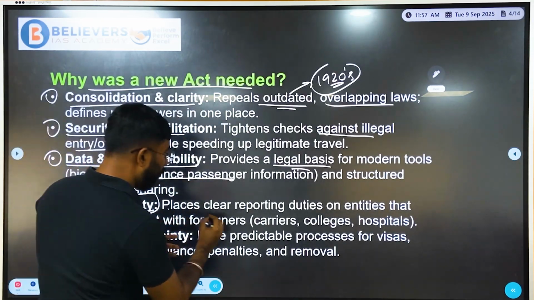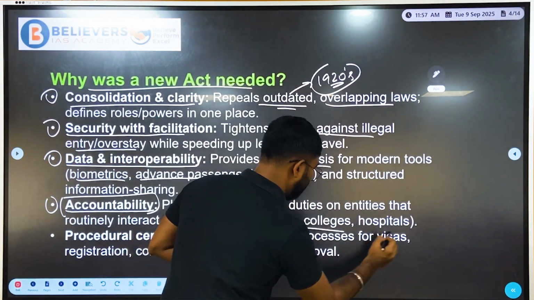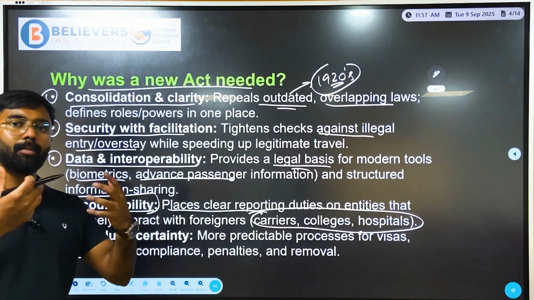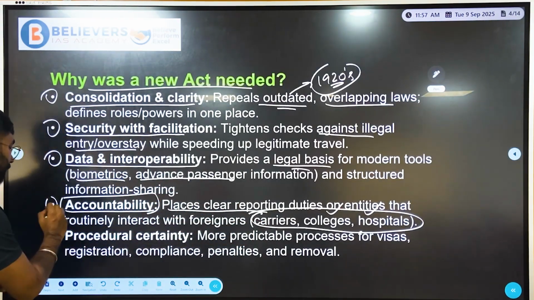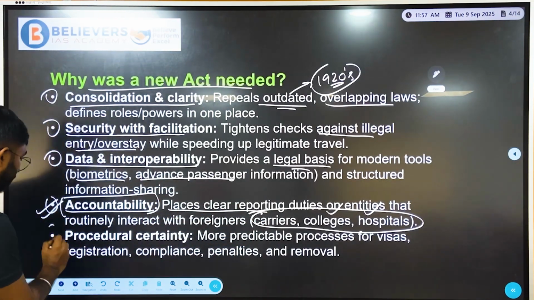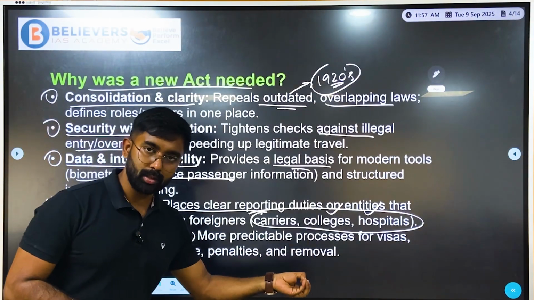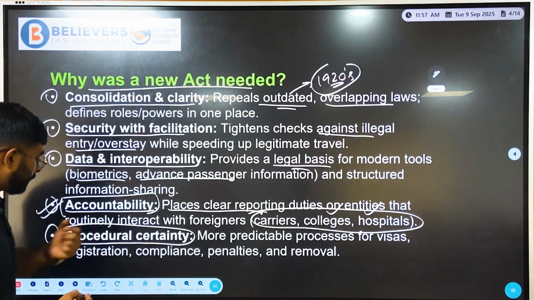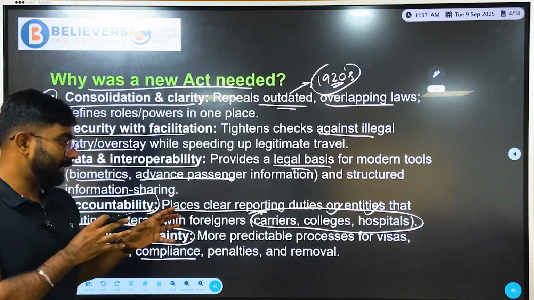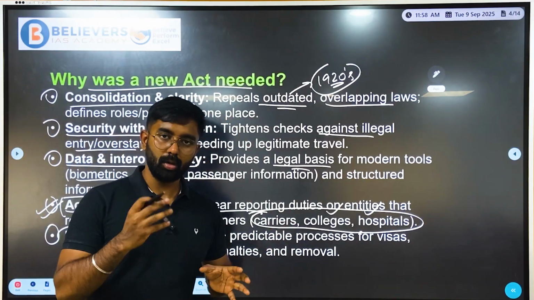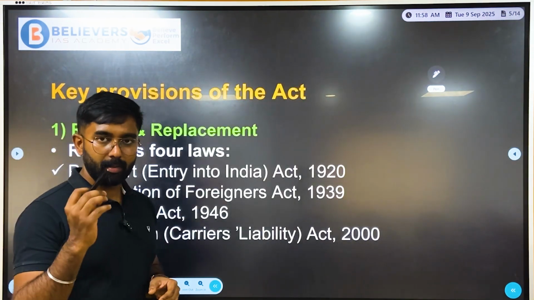So this act tries to bring in accountability by recording data of those foreigners who come in direct contact with certain institutions in the country, for example colleges and hospitals. Then procedural certainty, meaning more predictable processes for how visas, registration, compliance, penalties and removal with respect to a particular national are addressed. Now, we will try to understand each and every provision of the act.